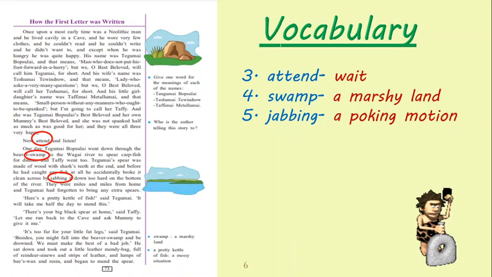What did Tegumai say when his spear was broken? You are right. Tegumai said that it was a pretty kettle of fish and he would need half a day to mend the spear. Now, look for a phrase, students, that means a messy situation.